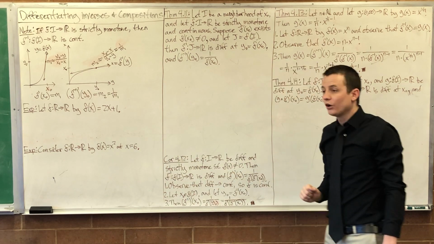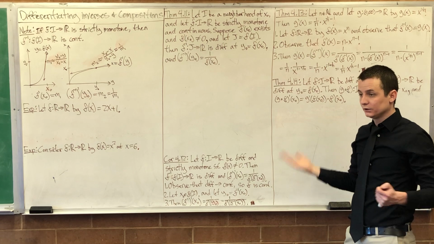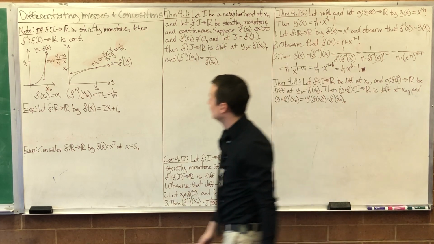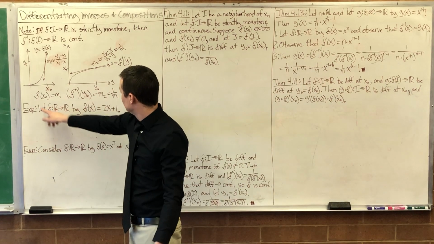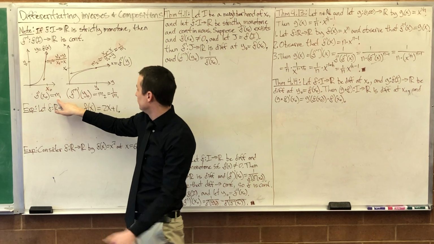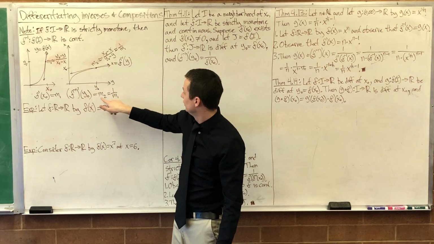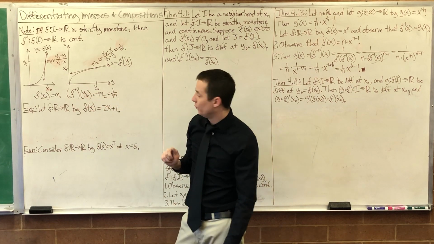And that is our expectation. Does that appeal to intuition? Okay. So we expect that if f prime of x naught is equal to m1, then f inverse prime at y naught, m2, is 1 over m1.